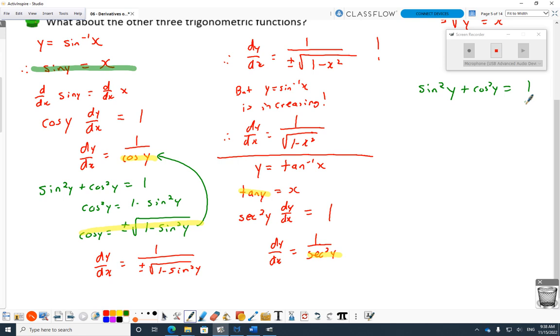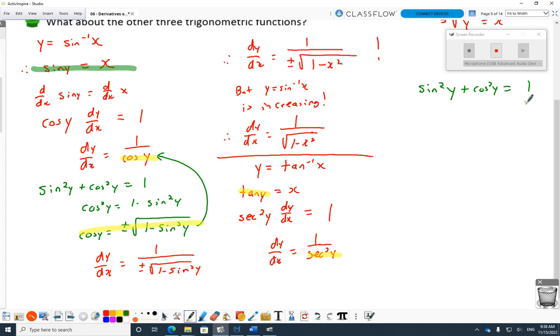I'm going to divide this equation by something. Let me think for a second what it is. I want tans. I want secants. What's in the denominator of tans and secants? Of course it is.